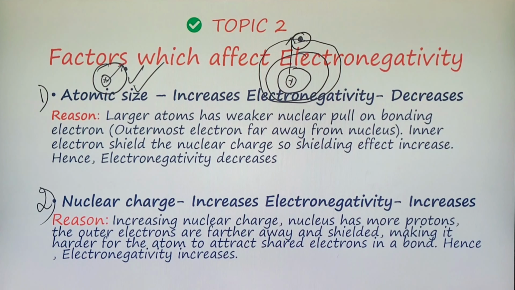But as the distance between the nucleus and the electron increases, what is going to happen, children? It is going to be difficult for atom Y to attract the electron towards itself. Clear? So please remember this.